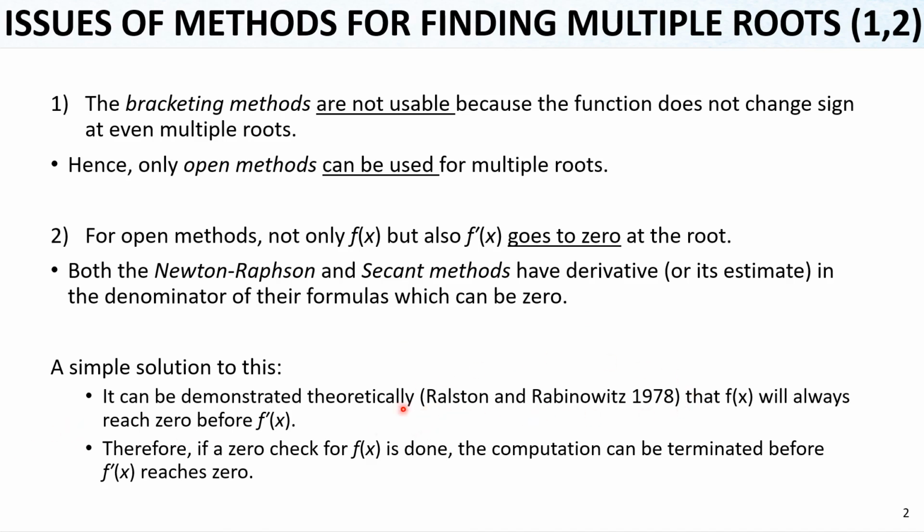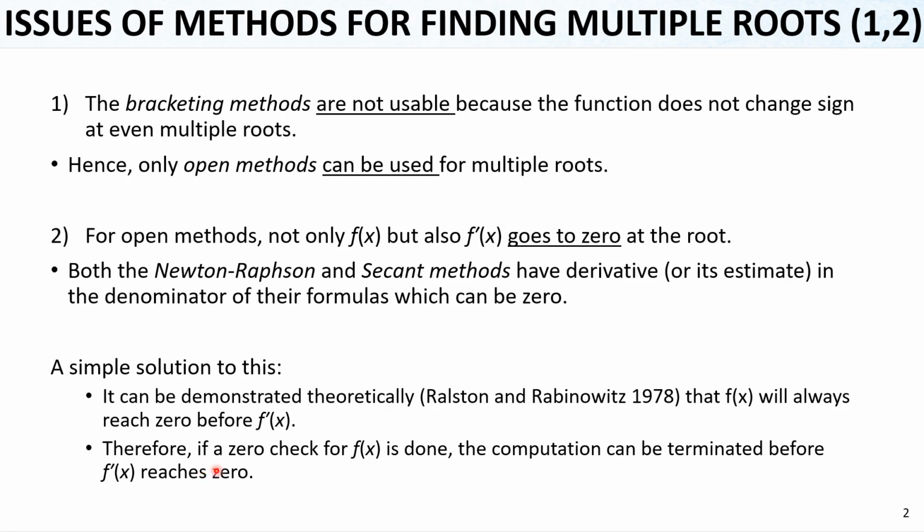A study in 1978 showed that theoretically the function value will always reach 0 before the derivative value. So if you realize that the function value is going to 0, then we have to be careful. We will think that, okay, soon enough the derivative will go to 0 as well.